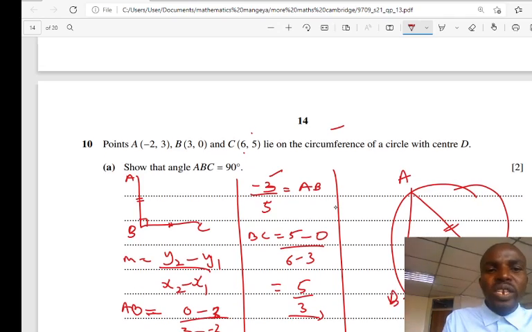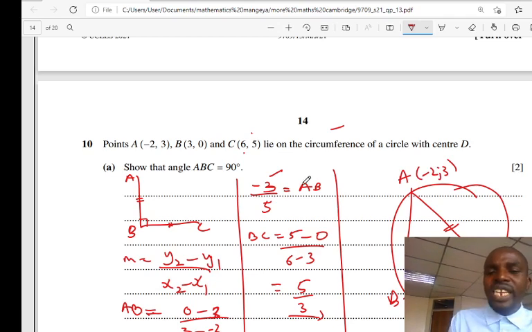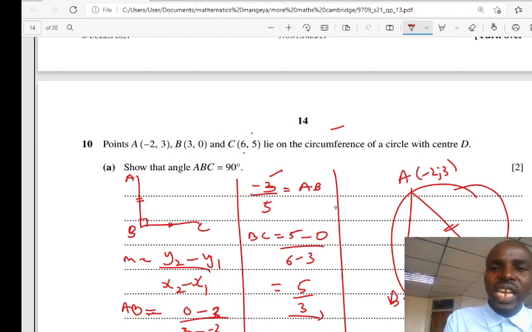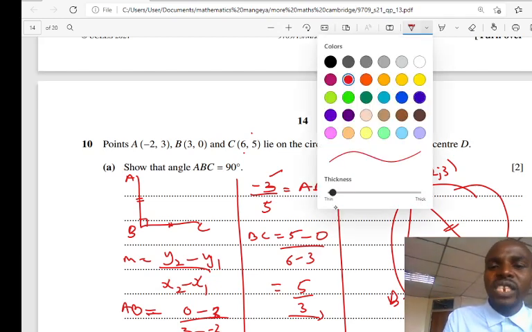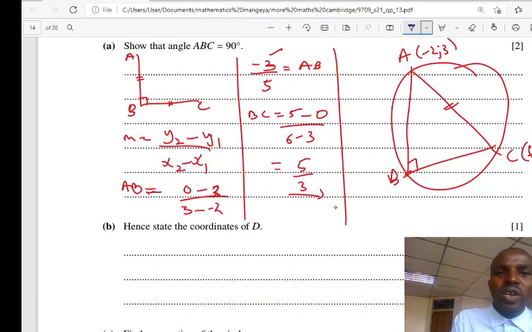So, to find the coordinates of this point, you just find the midpoint of AC. The midpoint of AC is the center of the circle, D, right? Take note of that. The angle subtended by the diameter is a right angle. So you can just find the midpoint of AC.